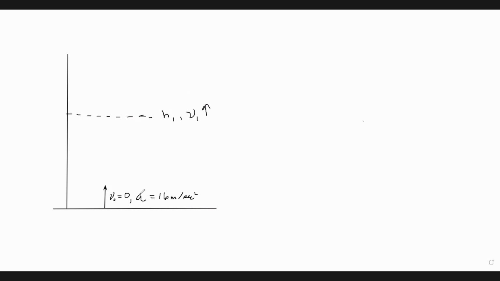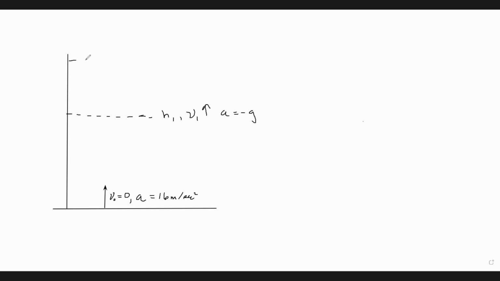So the thing rises to a height h1 with this acceleration. The engine cuts off, and now it has an initial speed at h1 of v1, and the acceleration from this point onward is equal to minus g.